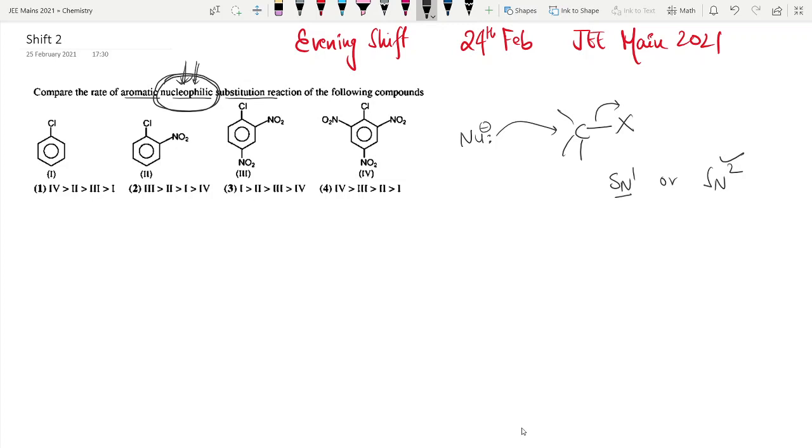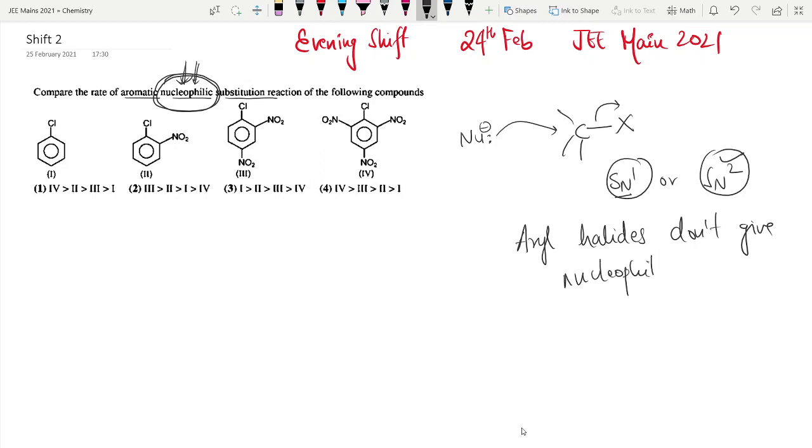But if you remember, when you studied SN1 and SN2, you must have also studied that aryl halides don't give nucleophilic substitution easily. The reason is the double bond in aryl halides.